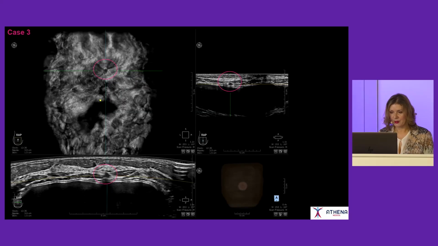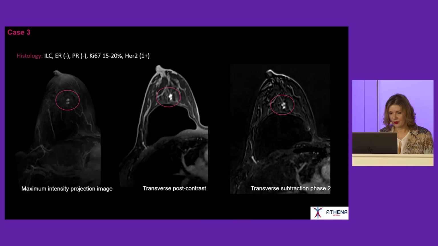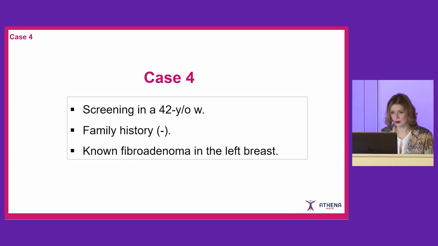And on her ABUS exam, we found a tiny tumor mass, taller than wider, located 12.5 o'clock position of the right breast. We perform biopsy. These are the correlates of the MRI examination, and this was an invasive lobular cancer in this patient.